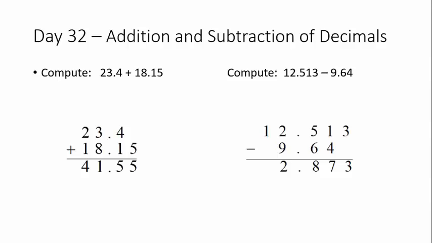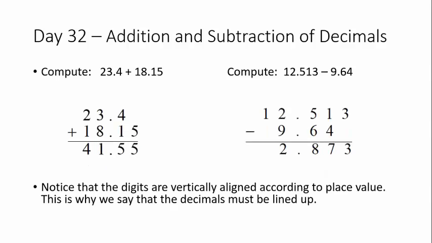I subtract normally, and my answer is 2 and 873 thousandths. We have a note here, just to reiterate what I was saying. Notice that the digits are vertically aligned according to place value. This is why we say that the decimals must be lined up.